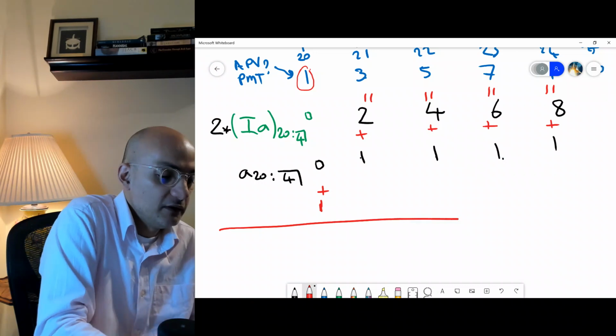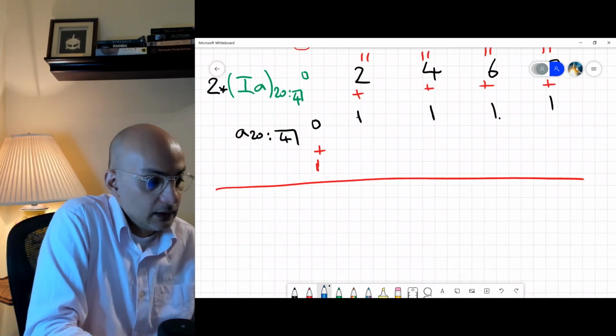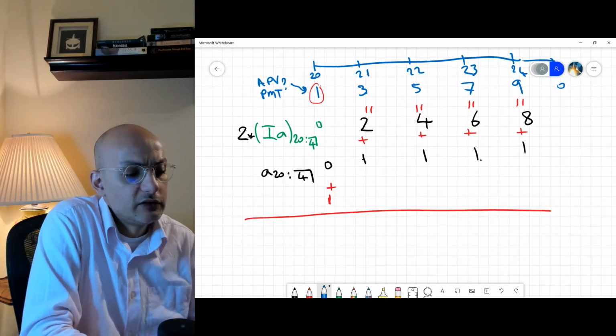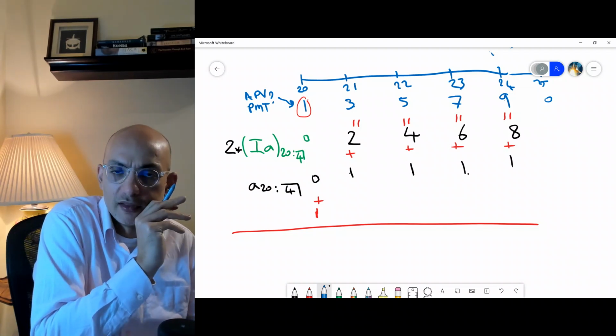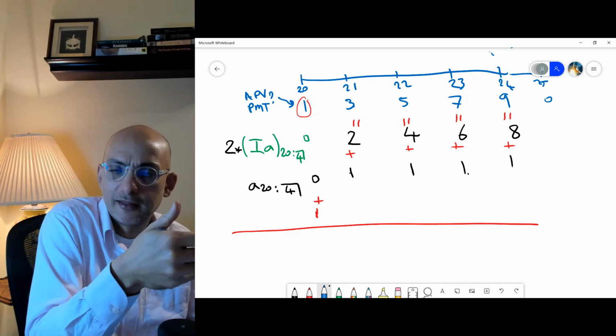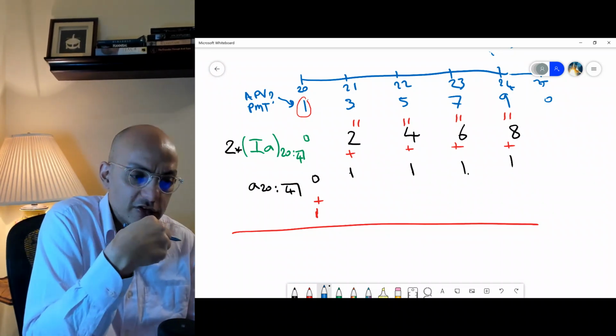Now let's put everything together. Again, in actuarial math or interest theory, by now you know it's very important to visualize. Most questions you solve by visualizing them. Being mechanical, just using formulas, sometimes does not help. It's good to know the formulas, but what's more important is to be conceptual and visual, right?